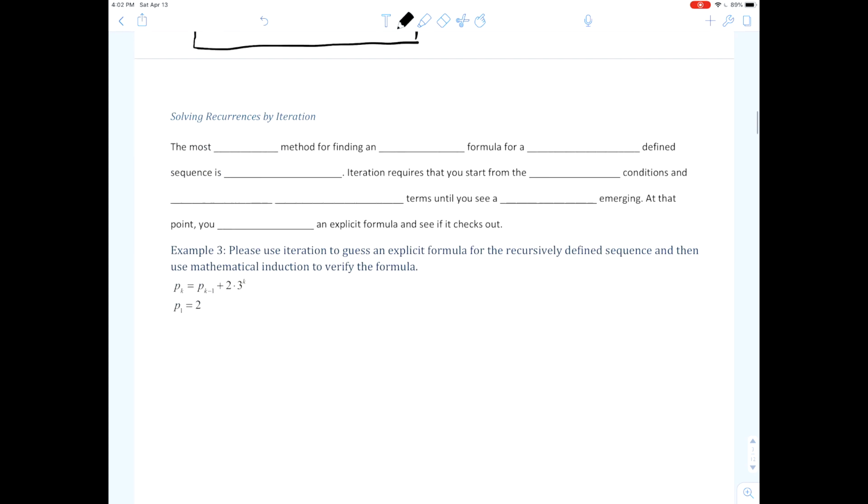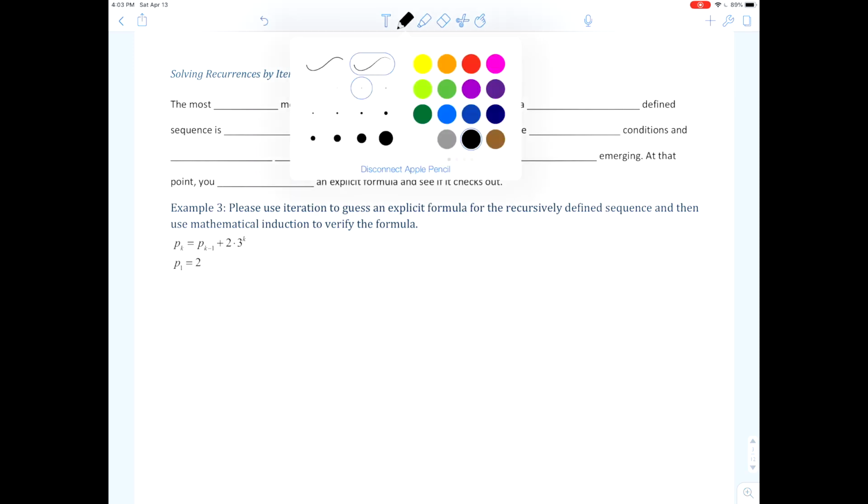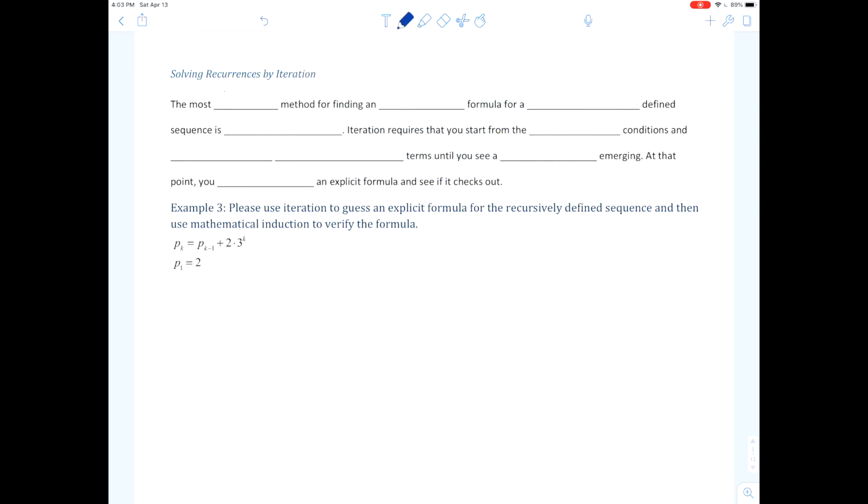All right. So now let's take a look at solving recurrences by iteration. So the most basic method for finding an explicit formula for a recursively defined sequence is iteration.